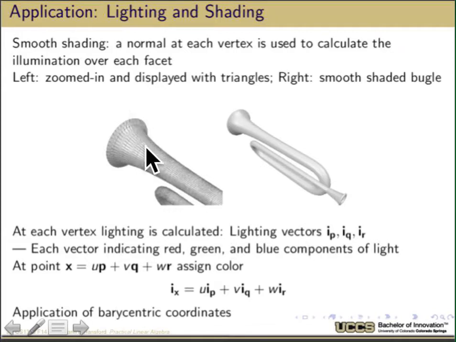That is the angle between it and the light source. And if we want to do some color, we'd be doing this with red, green, and blue components of the lights. And at each point, we're going to compute a brightness that would go along with this in terms of their surface normals, and we're going to use barycentric coordinates to compute for smooth shading every point in the middle. So we're just going to take a linear combination, S and T, for all the brightness to go in the middle.